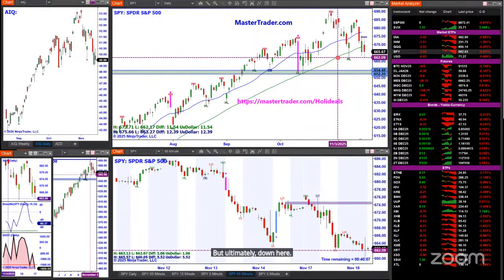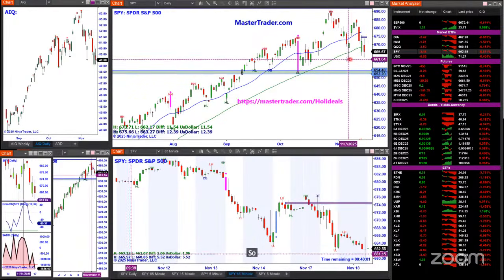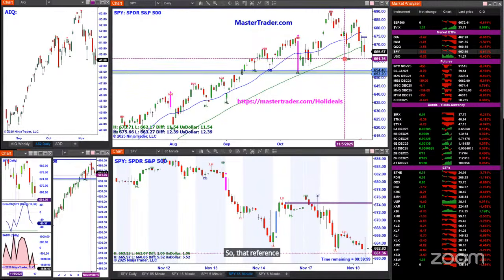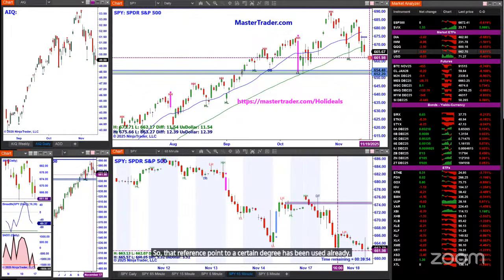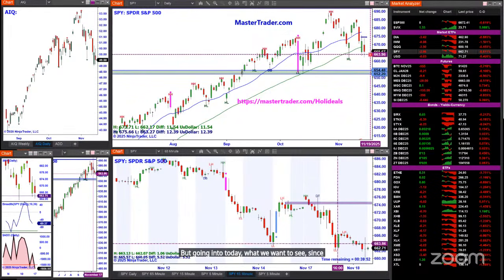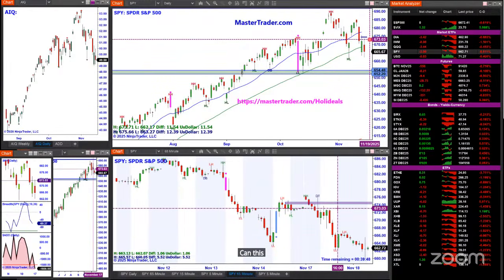And why wouldn't it stop at that low? Well, it could. I mean, but it already did. So that reference point to a certain degree has been used already. But going into today, what we want to see, since prices are down here, is do they rattle around? Can this turn right back up again?